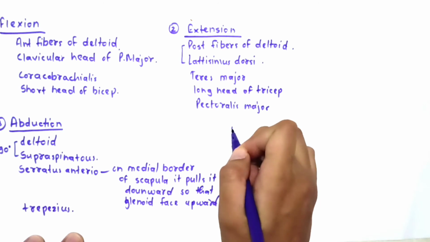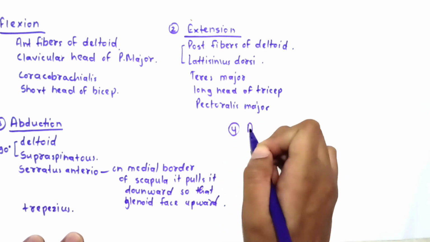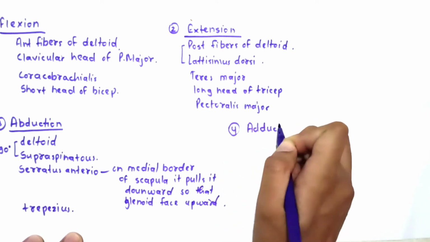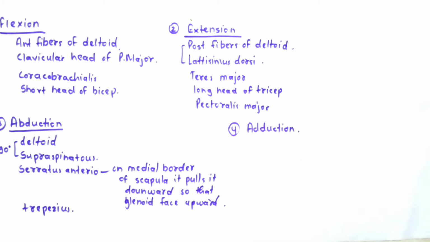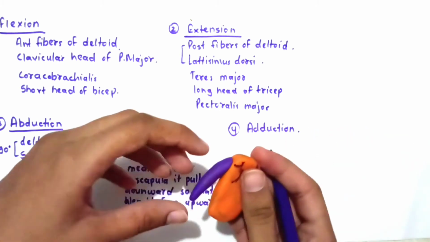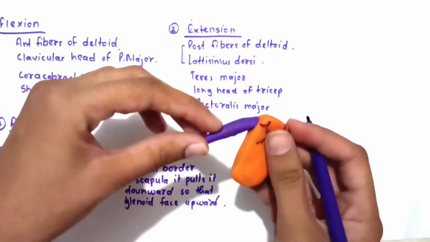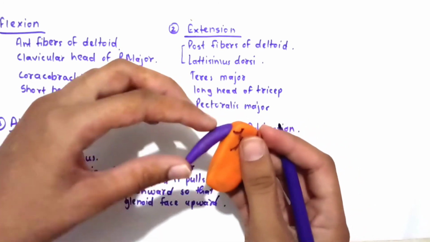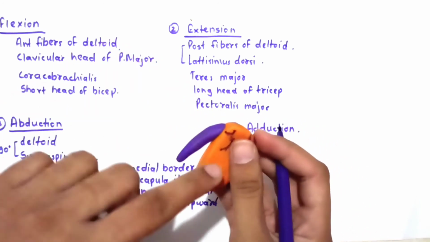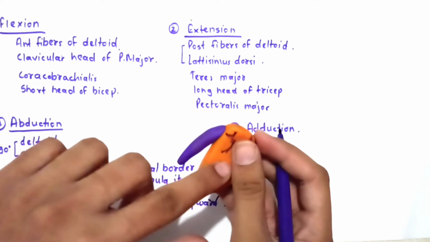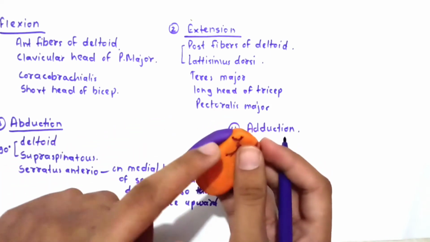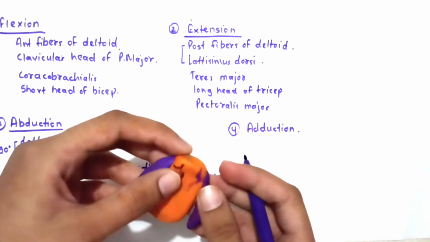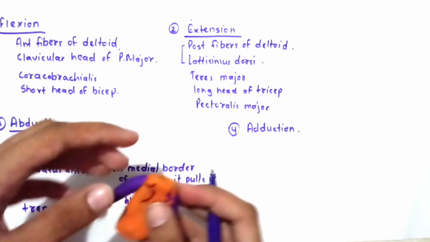Now for adduction. In adduction, you move your arm back to the normal position. The muscles on the inferior side will help pull your arm back to the normal position.